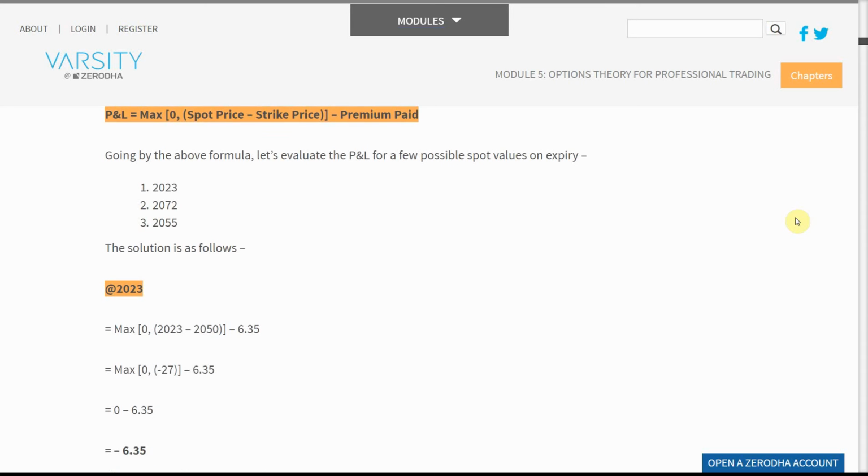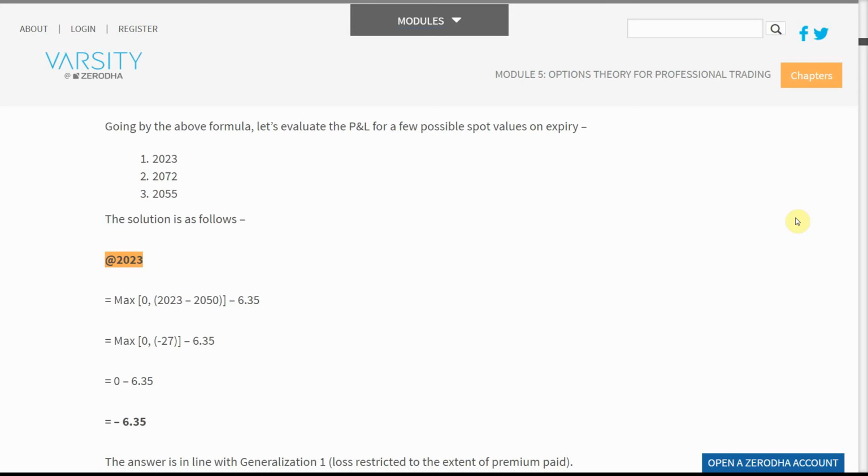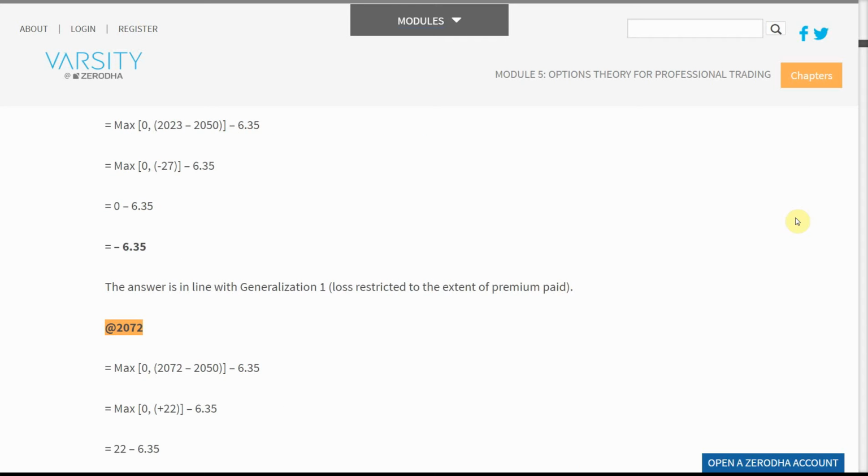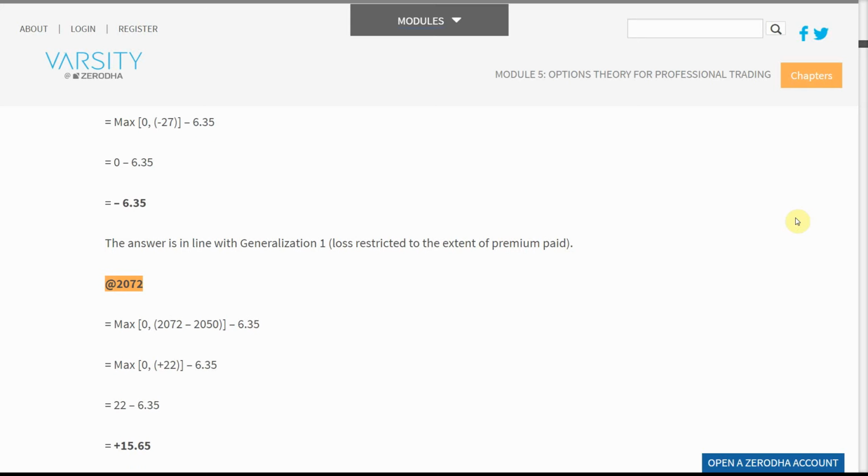At 2023, equals max of 0, 2023 minus 2050, minus 6.35, equals max of 0, minus 27, minus 6.35, equals 0 minus 6.35, equals minus 6.35. The answer is in line with generalization 1. Loss restricted to the extent of premium paid.